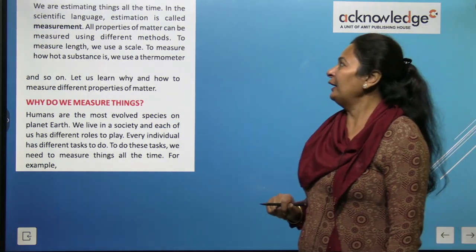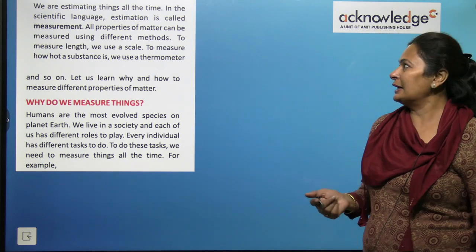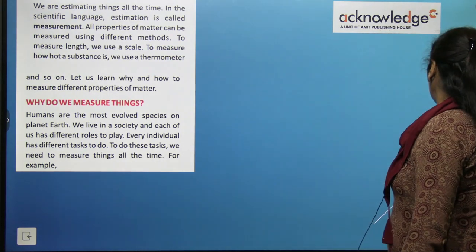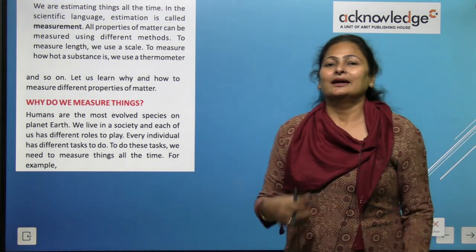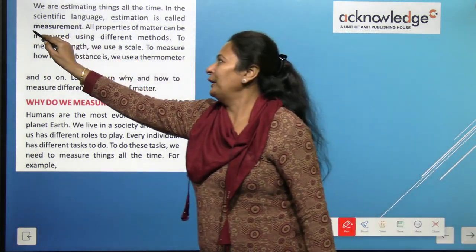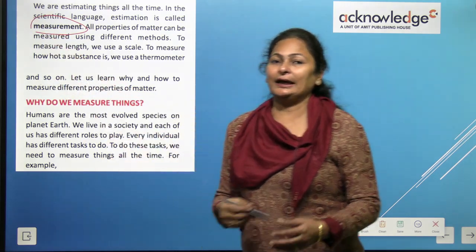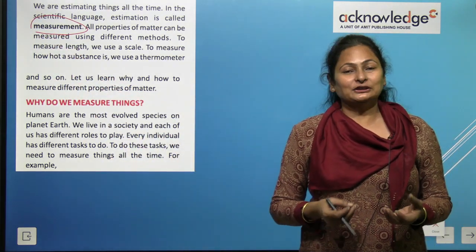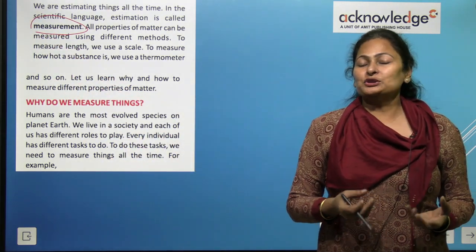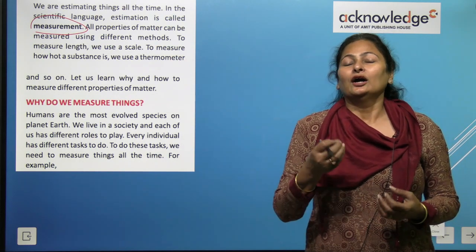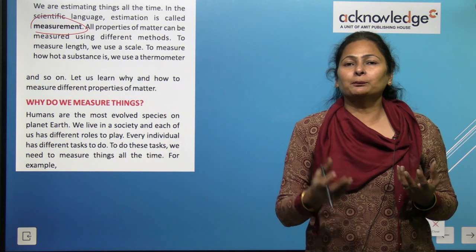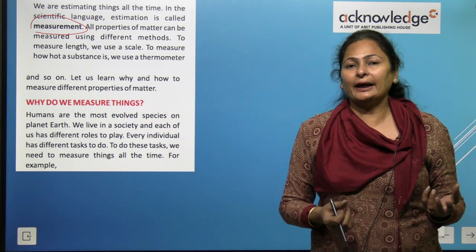We are estimating things all the time. In the scientific language, what is estimation? Estimation is nothing, it is measurement. Like the vegetables, the fruits, the grains we purchase from the market, or the books and the notebooks, right?